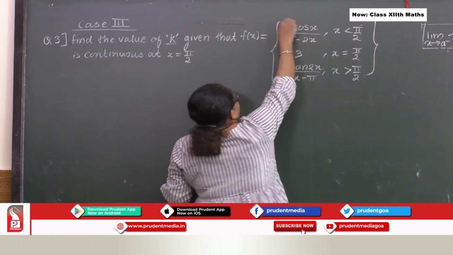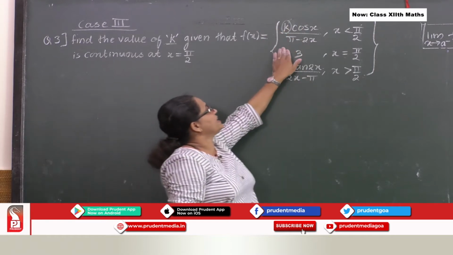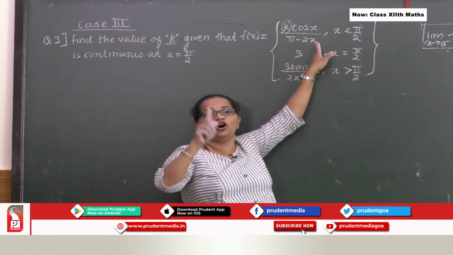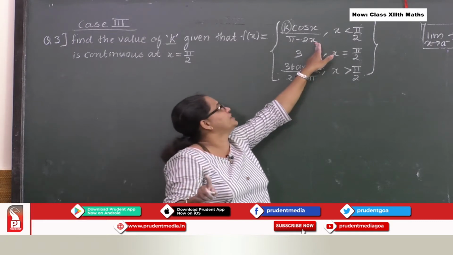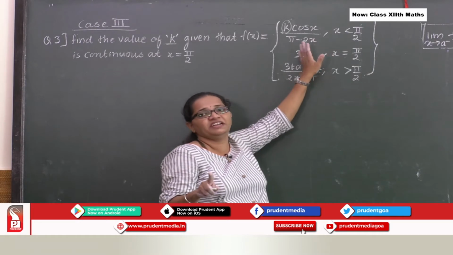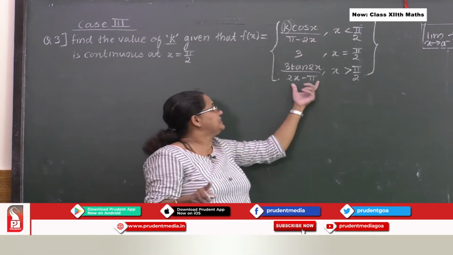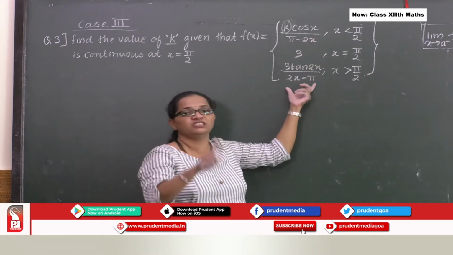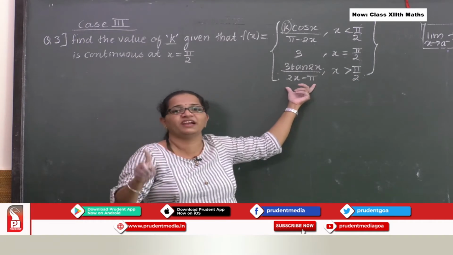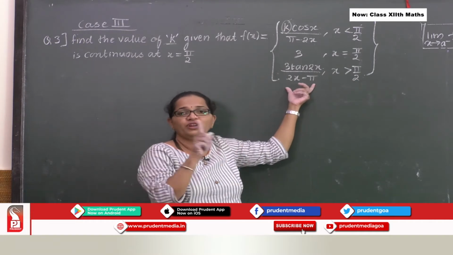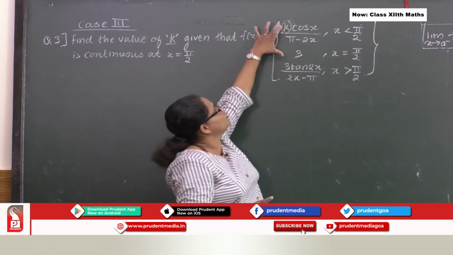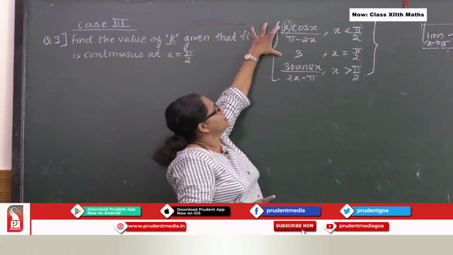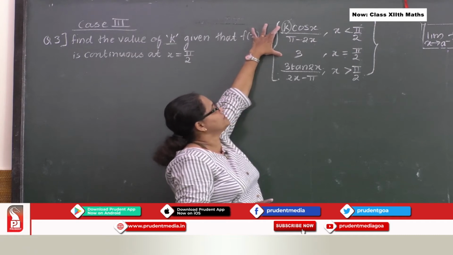Look at this here. The k is present only in your left hand limit. So you just have to take your left hand limit and proceed further. This third definition is your distractor, so you don't have to bother about it. Just look at these two steps and proceed further.